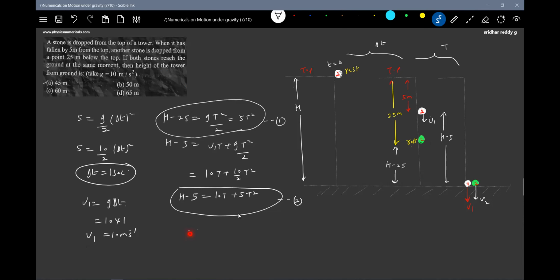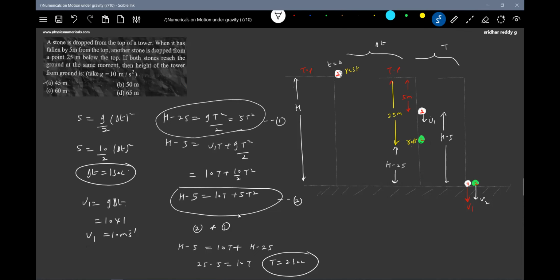It's about mathematics here. We have written equations. We have to work from 2 and 1. So H minus 5 equals 10T plus 5T square, and 5T square will be H minus 25. This H will get eliminated. 25 minus 5 equals 10T, or T equals 2 seconds.